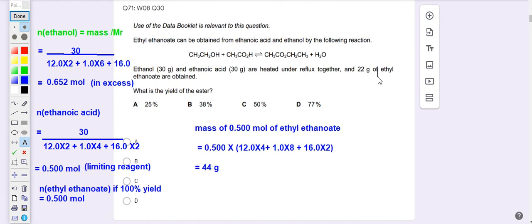But actually, in the experiment, in the actual reaction, they only get 22 gram. So what is the yield? The yield of this ester will be 22 divided by 44, times 100%.